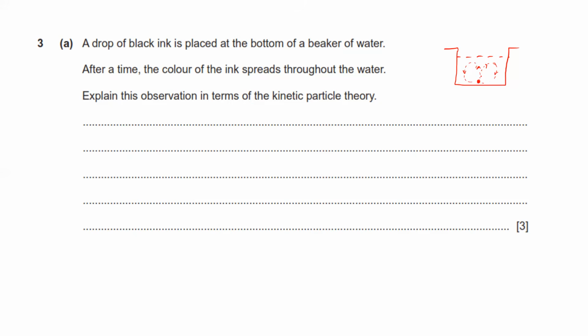The particles of the ink move randomly across the water, and they collide with the molecules of water, and this collision results in diffusion or mixing of ink inside the water. We have to rephrase this whole thing in a paragraph. So let's try to do that.